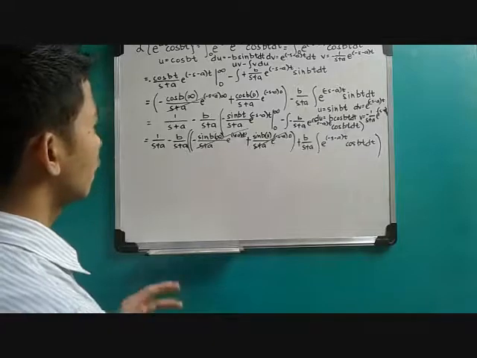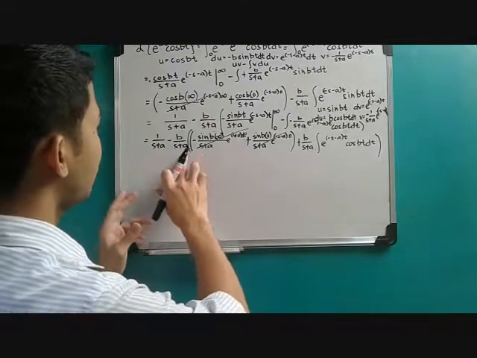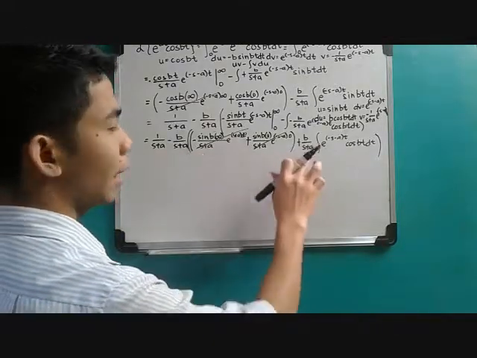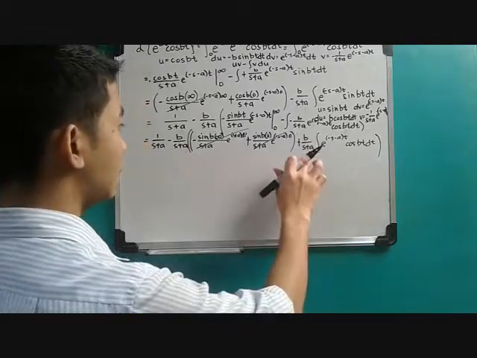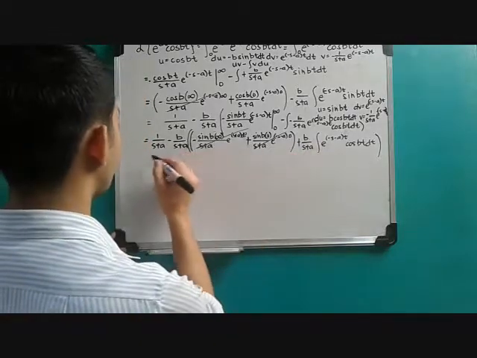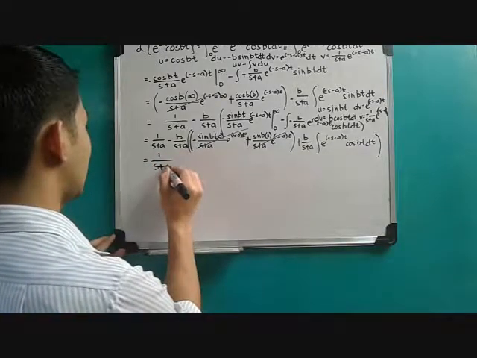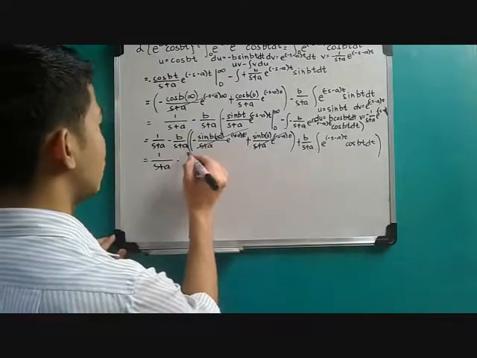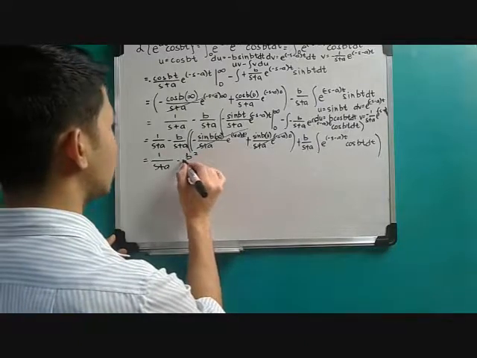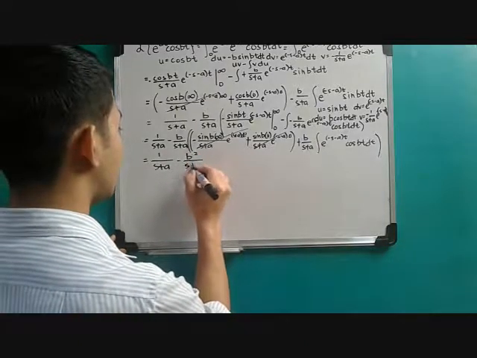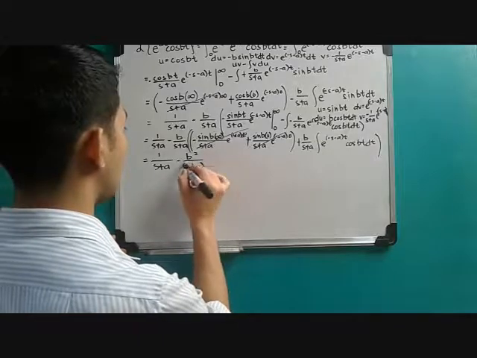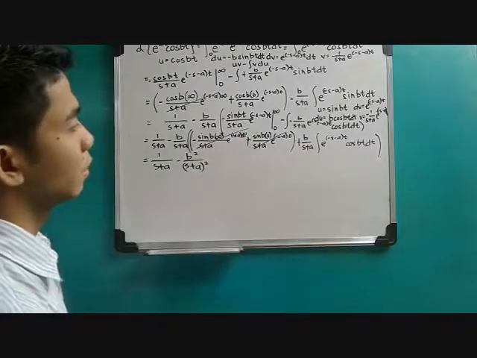And then negative b over s plus a times b over s plus a is equal to, bring down this, 1 over s plus a minus b squared over s plus a squared.